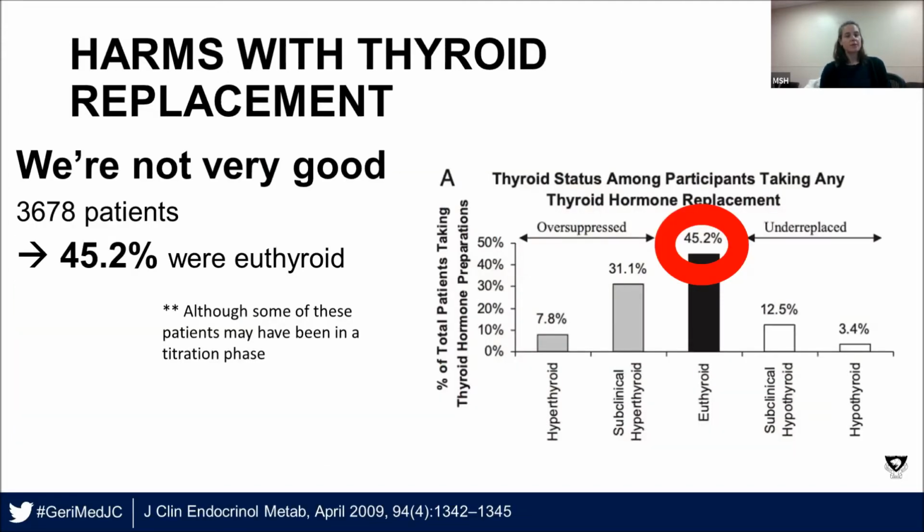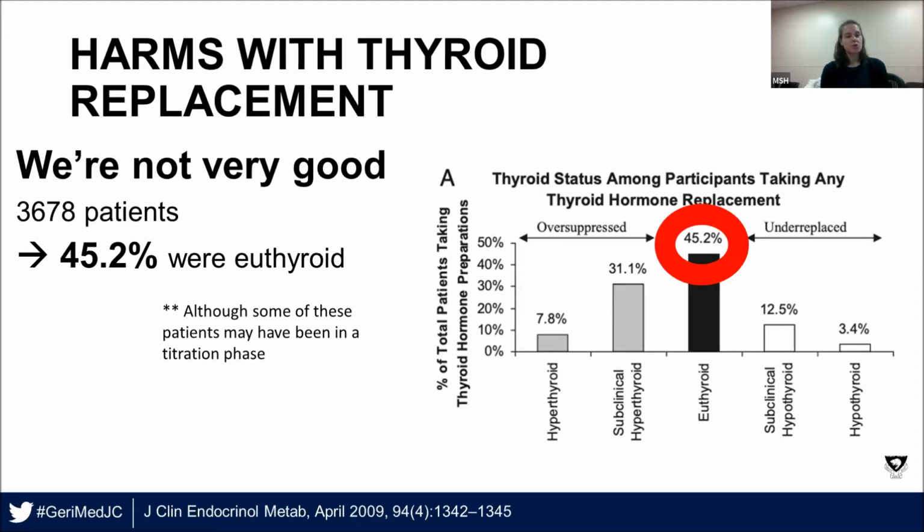And so there are some harms with thyroid replacement. This was an interesting paper where they took people on thyroid replacement, and at one point in time they looked at their TSH, so one snapshot, and actually only 45.2% of those people were euthyroid.